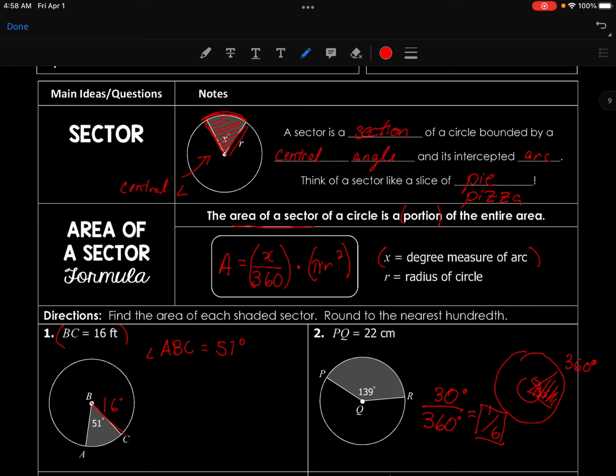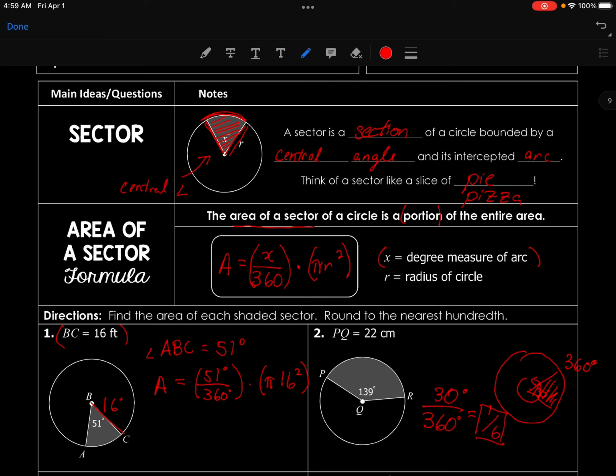51 degrees. Now, that means the area of the circle, one more time, is just 51 degrees divided by 360, which will give us how much of the circle we have, times the area of the entire circle, which is pi times 16 squared.